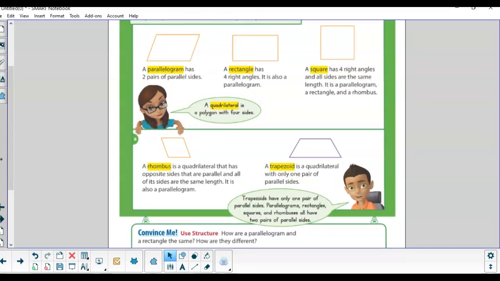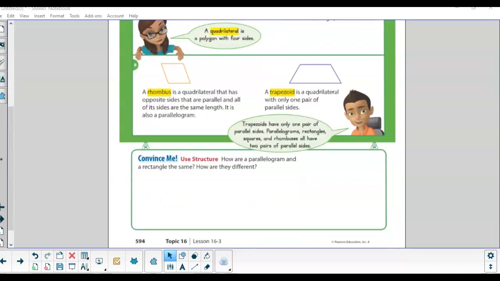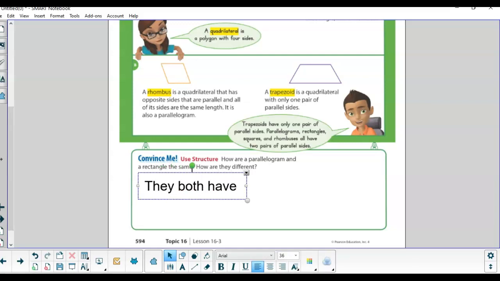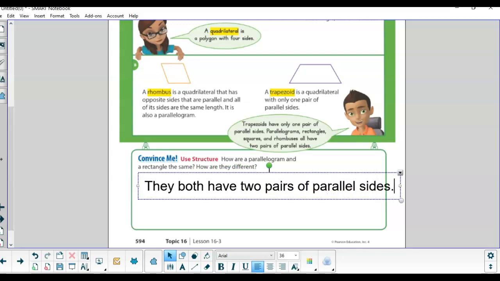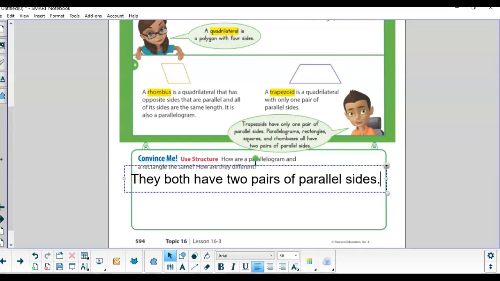Here they are right here at the top. Okay, so what do you think? Yeah, that's right. They both have two pairs of parallel sides. So let's jot that down. They both have two pairs of parallel sides. So that's a way that they are alike.